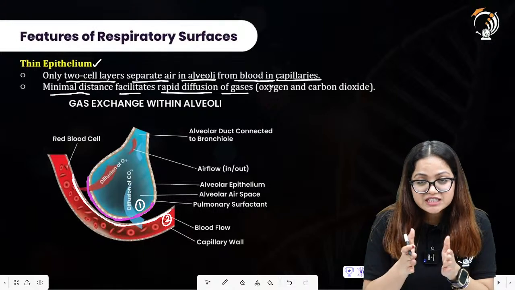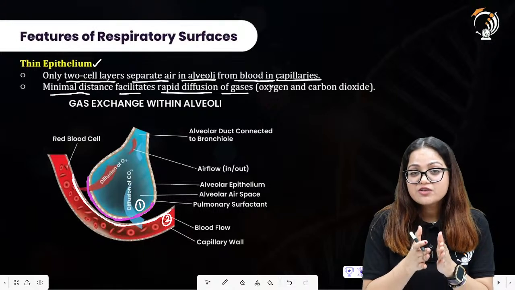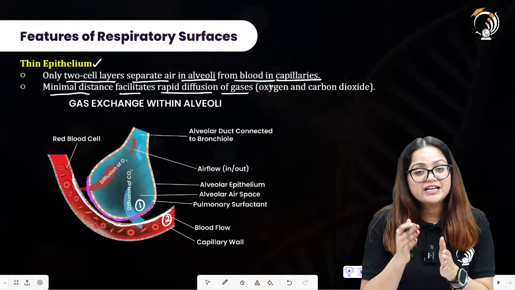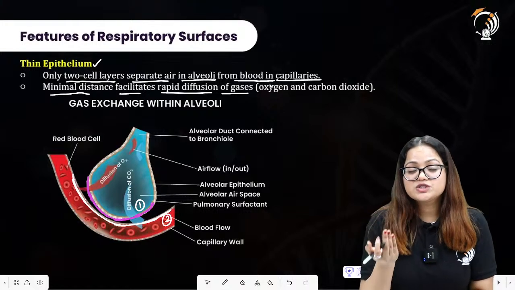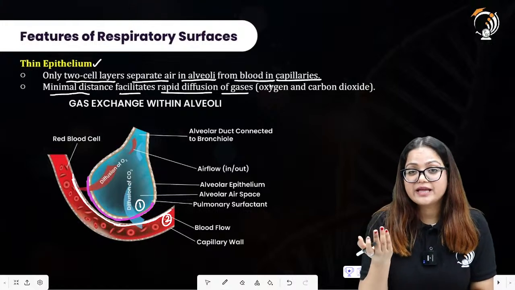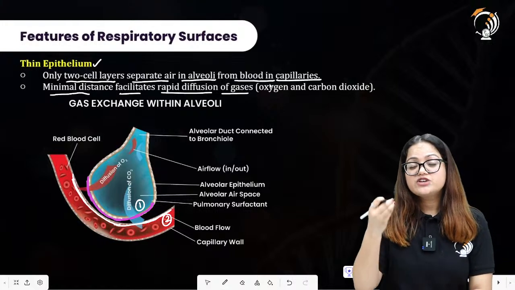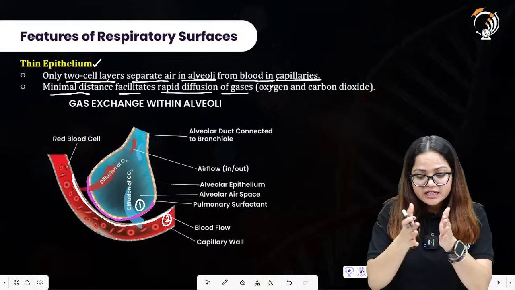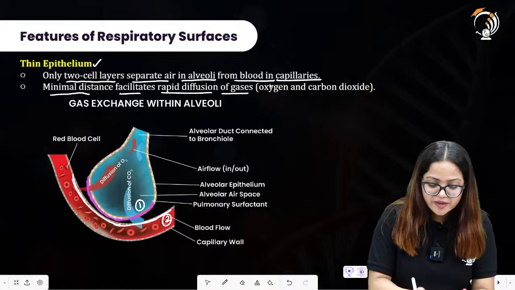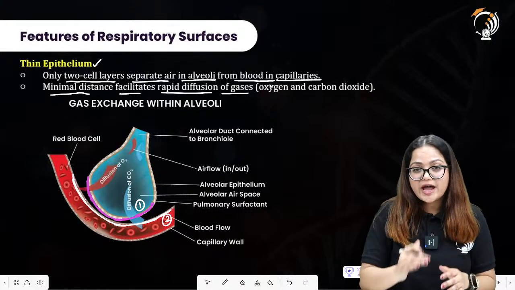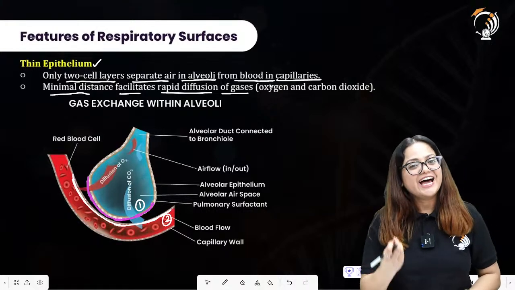If you reduce the distance between these two surfaces, diffusion occurs at a very high rate, in very little time. The molecules are going to be transferred very rapidly if the distance is very small. So that's why the distance has been kept small, so as to maximize the diffusion rate. I hope this is clear.